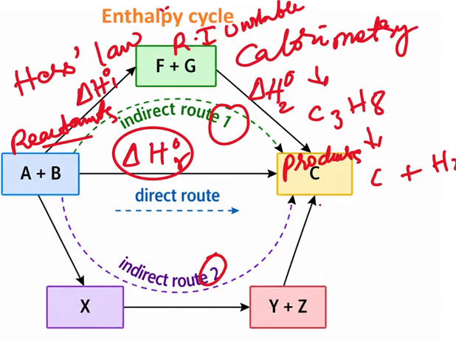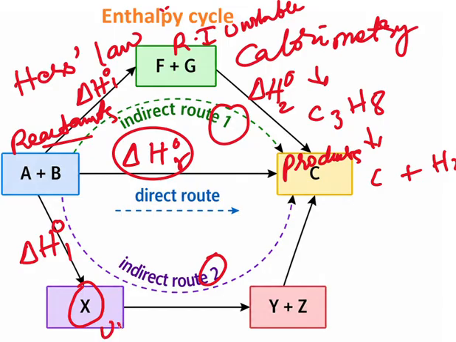The same product can be produced by indirect route 2. A plus B combine to form X, a reaction intermediate, with delta H1 naught energy released.